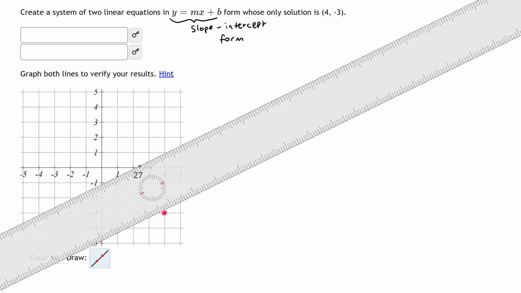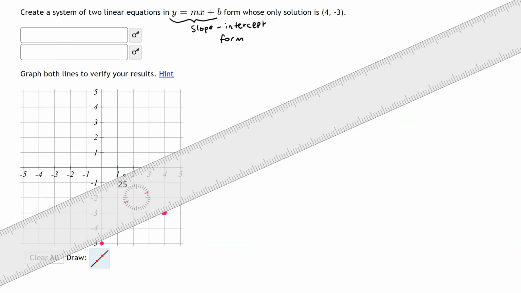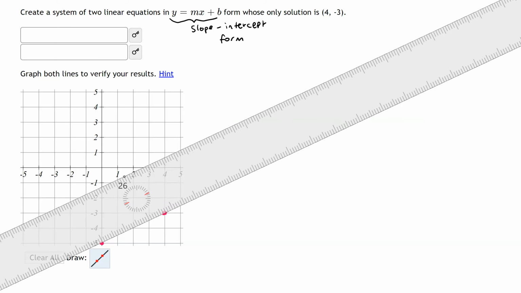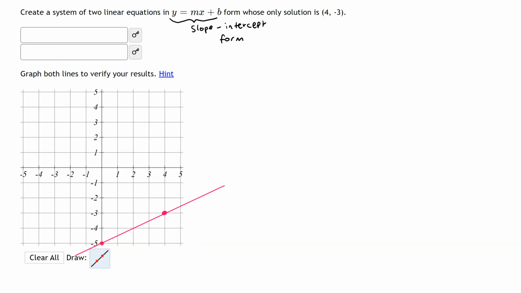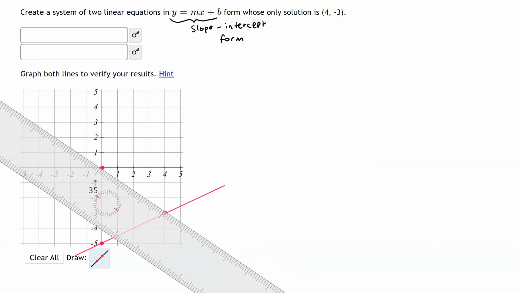So I'm going to plot a point here at 0, negative 5. And I'm going to create a line that goes through these two points. So I've drawn that line, and then maybe another line that I could do is one that goes through the point 0, 0, which we know to be the origin.